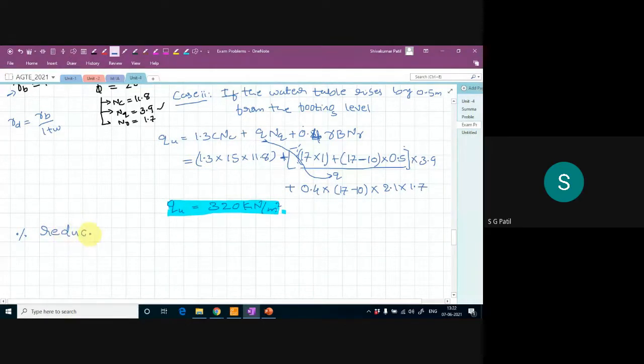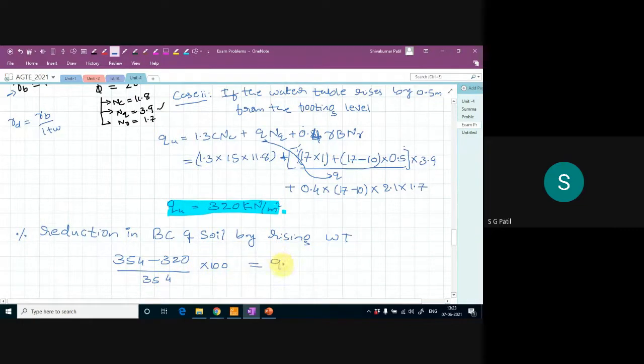Percentage reduction in bearing capacity of soil by rising water table. Earlier I got 354, no? 354 minus 320 divided by 354 into 100. So almost 9.6% reduction.